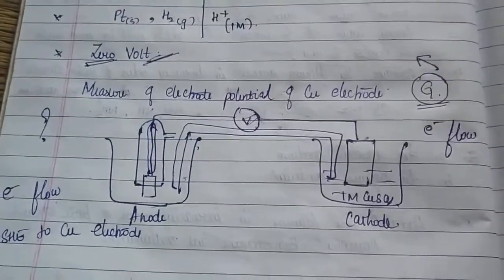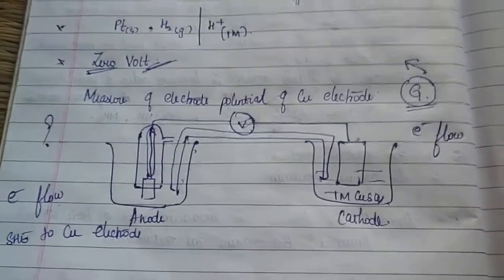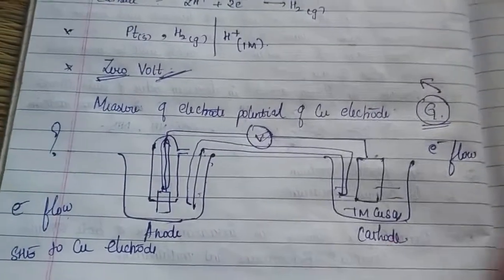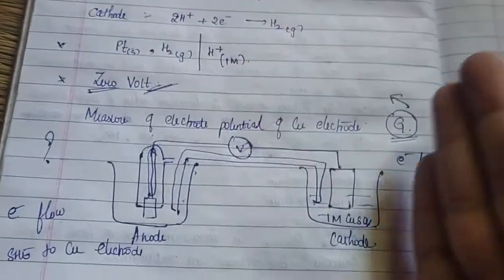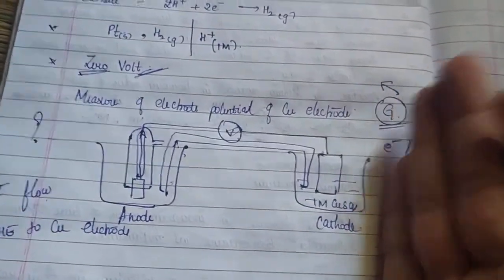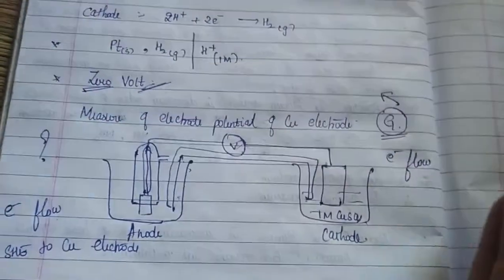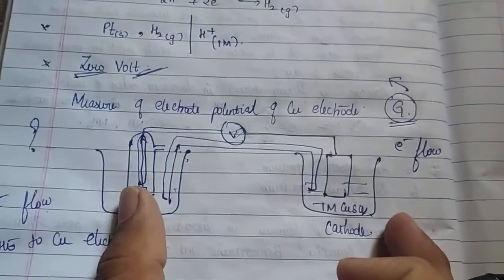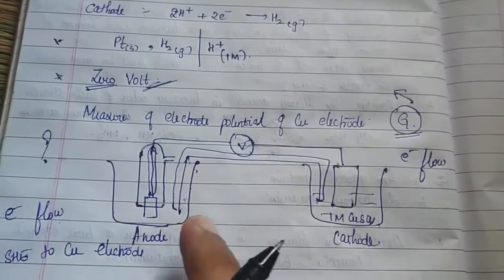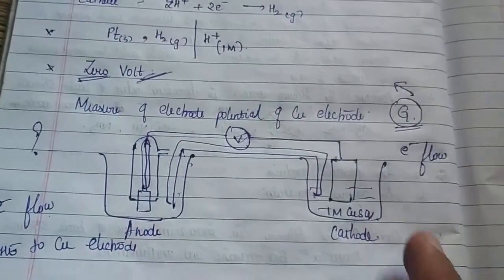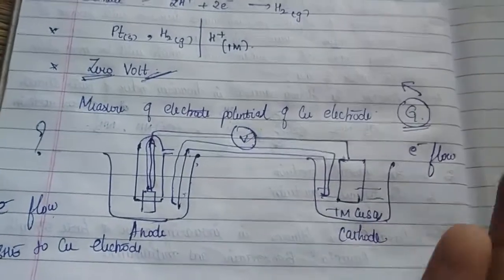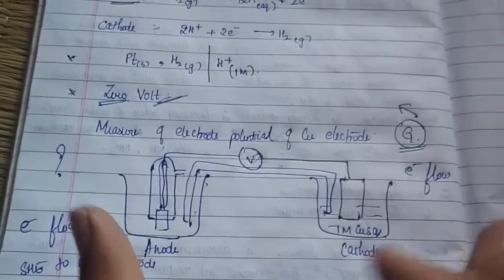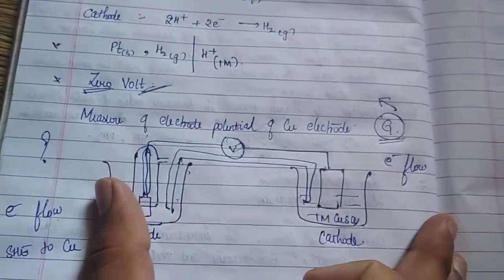According to the IUPAC, the International Union of Pure and Applied Chemistry, whenever you do the cell representation, the anode should be written first and then the cathode. Is it understood? Since the scientist who conducted the experiment found that with copper, SHE acts as the anode and copper acts as the cathode, according to IUPAC he kept the anode on the left and the cathode on the right. That is why your textbook also gives the figure this way.